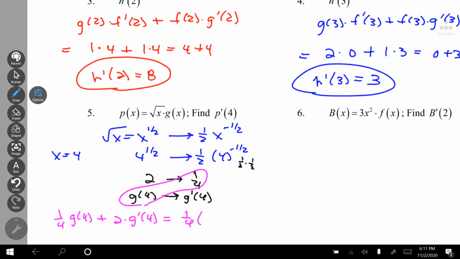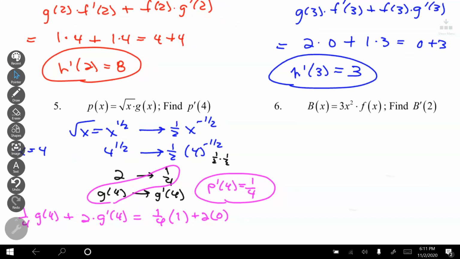If I go to the table, g of 4 is 1 plus 2 times g prime of 4 is 0, and my final result is that p prime of 4 is equal to 1/4. Move this over just a little bit.